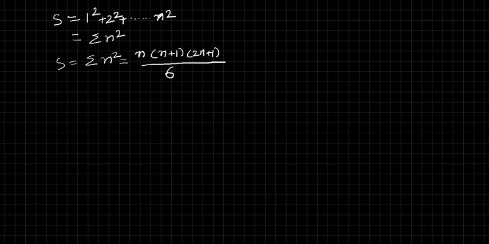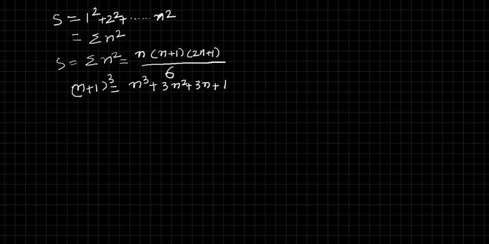To prove this, we first need to put one identity, that is n plus 1 whole cube is equal to, we all know that a plus b whole cube is equal to a cube plus 3a square b plus 3ab square plus b cube.